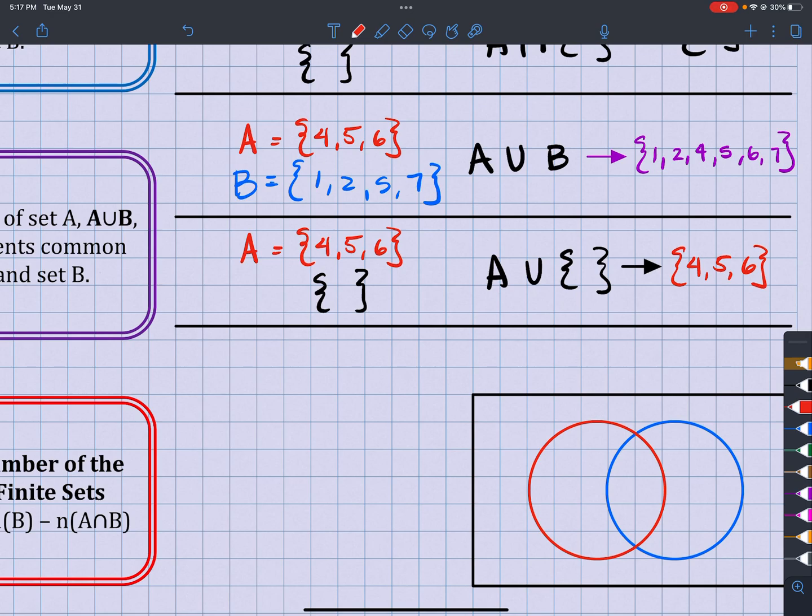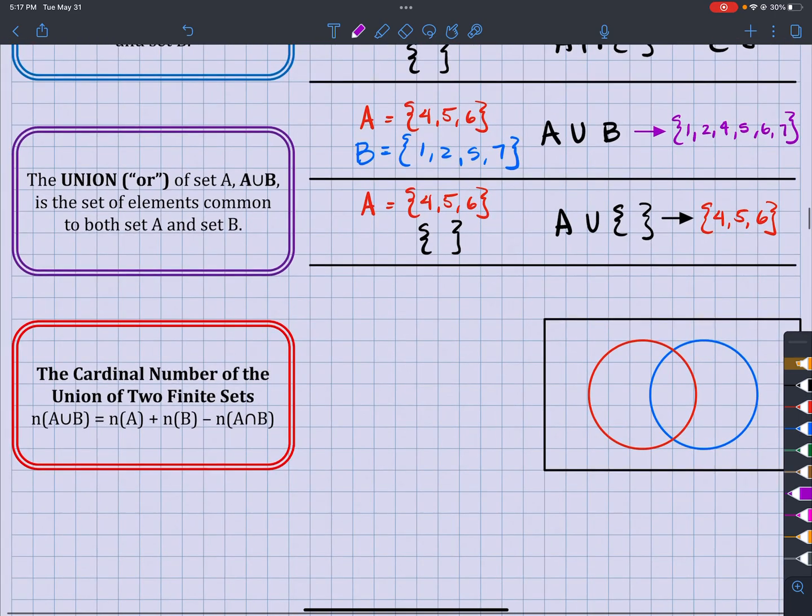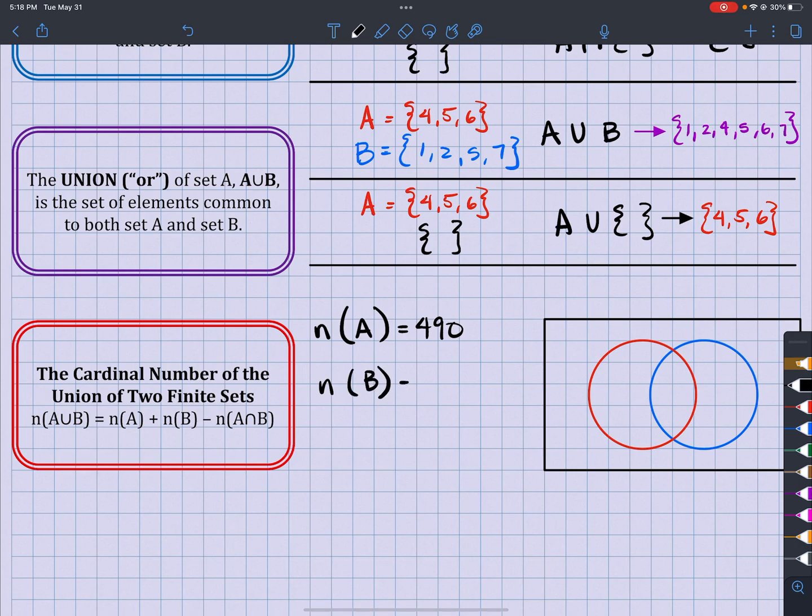So in the previous sample, all of this is just going to be in one whole circle in a Venn diagram, okay? All right, so this is talking about the cardinal number of the union of two finite sets. There's an example that says, okay, the number of elements in A is equal to 490. The number of elements in B is 350, okay?